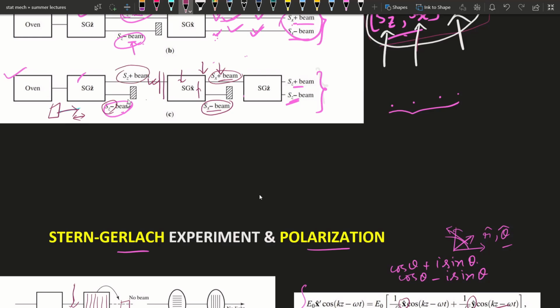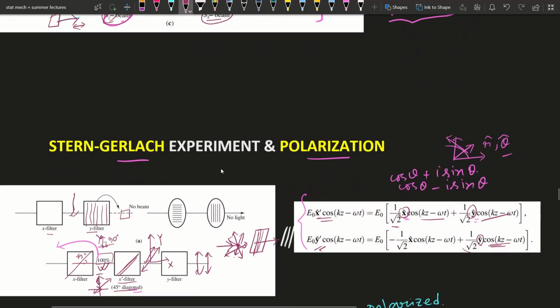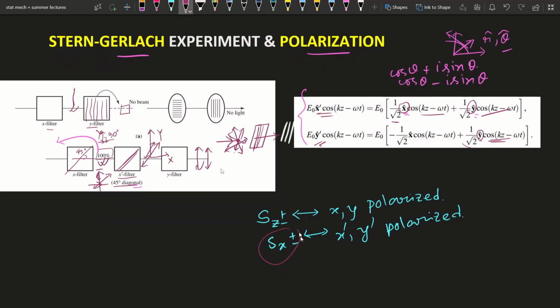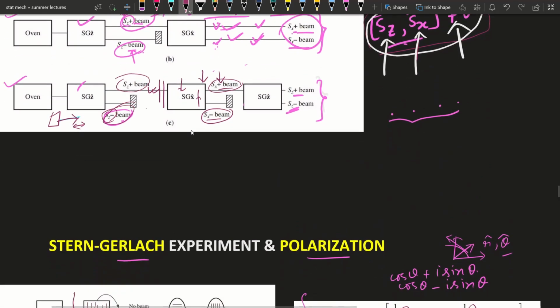Now we have blocked the y component. This Sz plus beam is passed through Sx, and Sx corresponds to the x dash and y dash polarized light. Sz plus already has components of Sx, and when we pass it through Sx, the Sx plus and Sx minus components come out.